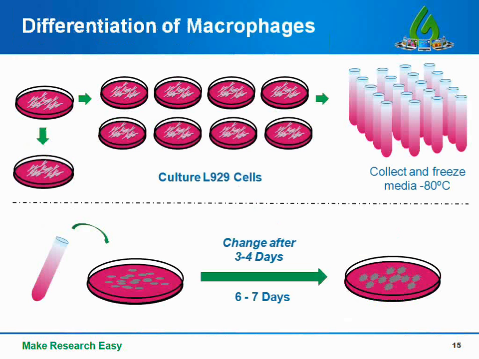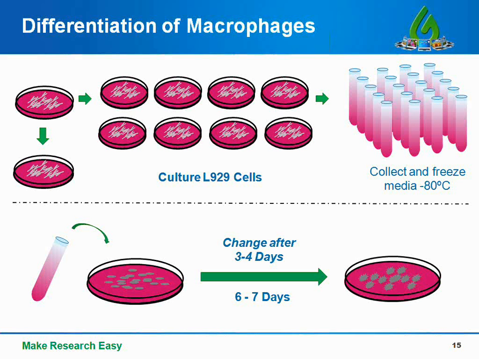Now, when differentiating HSCs into macrophages, the key growth factor to use is MCSF, and there are two main culture strategies. The first seen here at the top is using media from cultured L929 cells. Now, L929 cells are a mouse fibroblast cell line that can be obtained from any major cell line vendor, and when cultured, secrete significant amounts of MCSF.